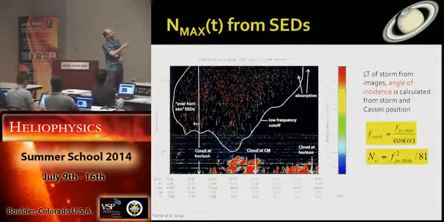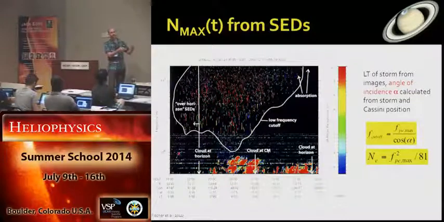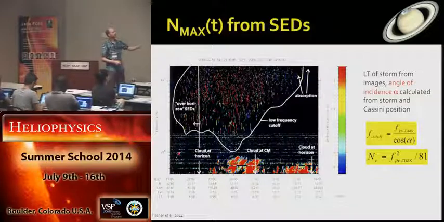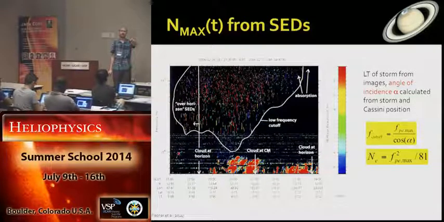But you can draw a lower boundary to where you don't see any more SEDs. That's this white curve here. And then this shows you what the lower frequency cutoff is for this SED episode. And in this case, Cassini also imaged the storm clouds. So you know you're measuring the low frequency cutoff, and you also know where the storm is.